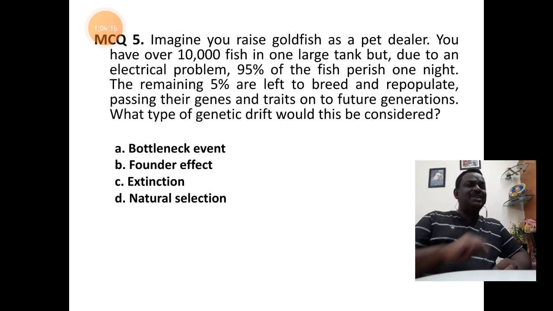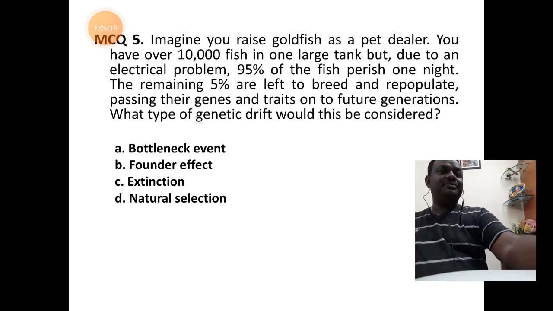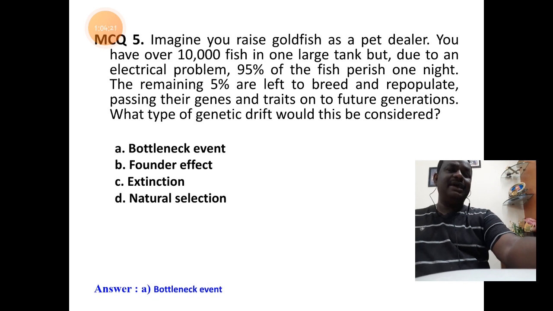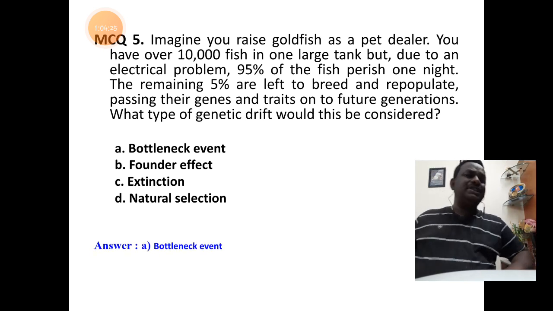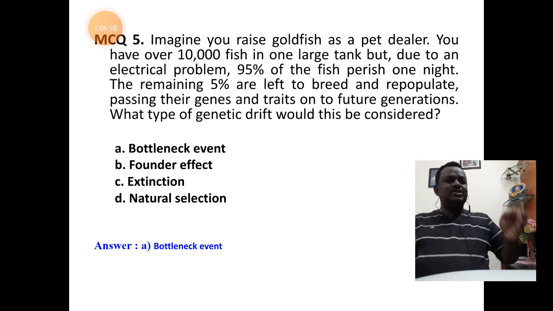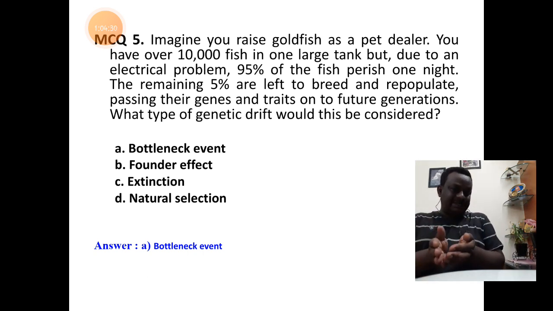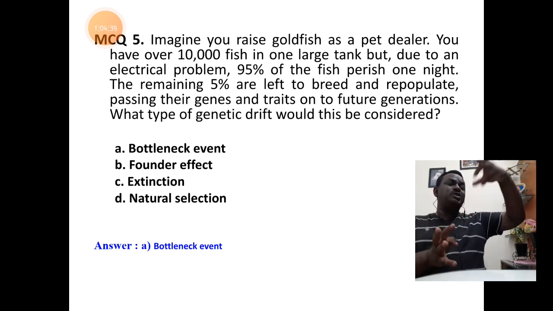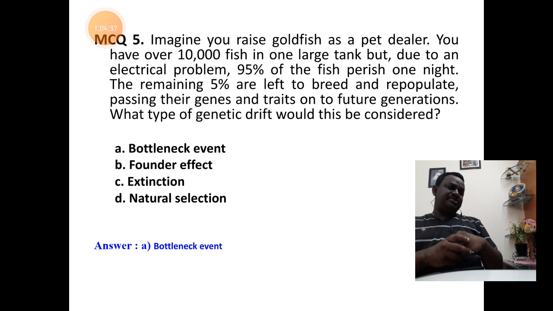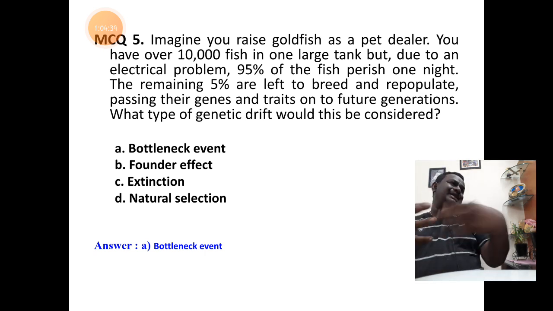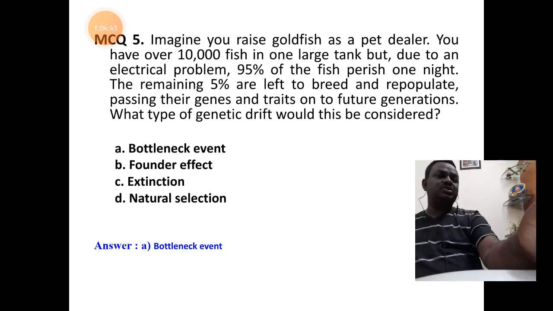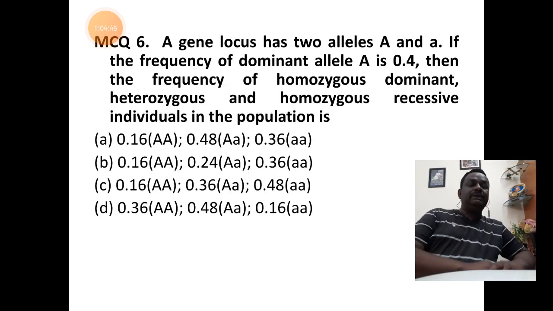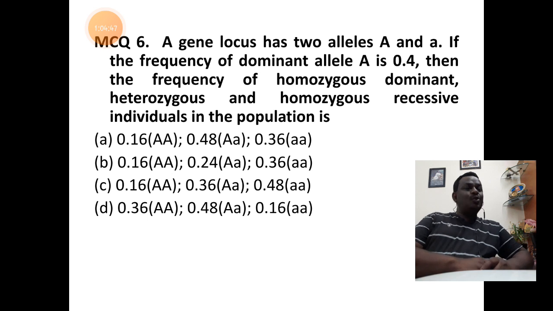So what type of genetic drift is it? It is answer A, bottleneck event. Bottleneck event refers to the smaller population which is left after the selection process that will be continuing into a newer generation. So whatever is left out with a small number, that will continue a new generation. So it's a bottleneck event.